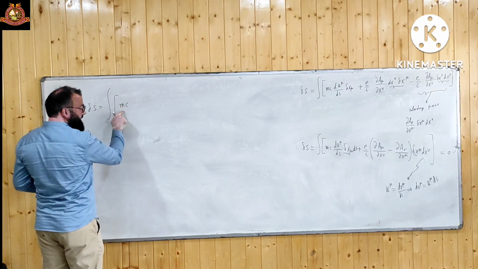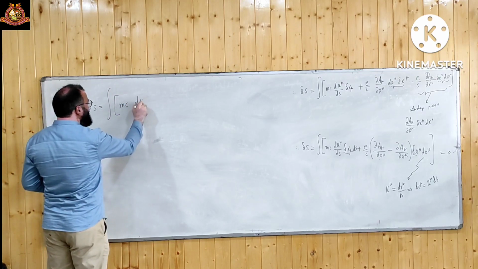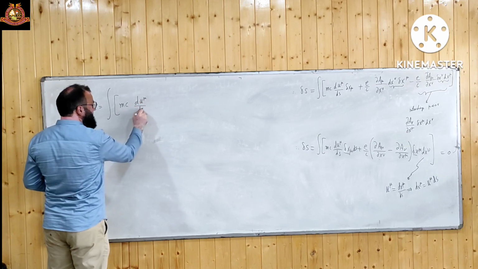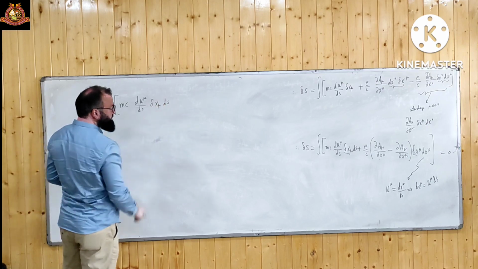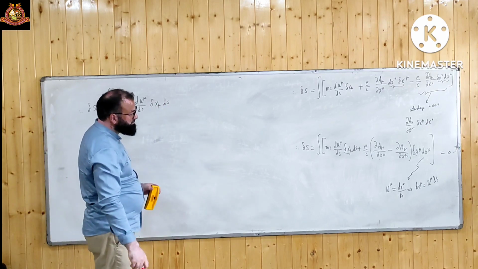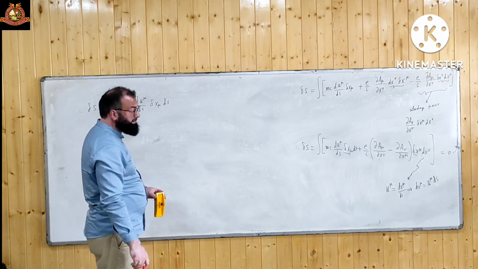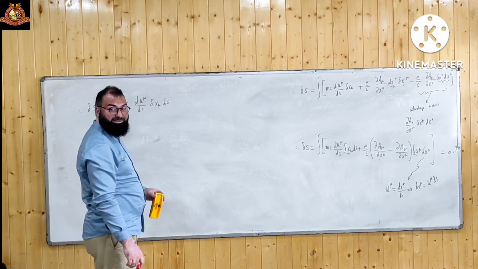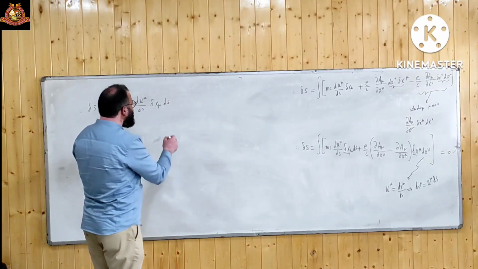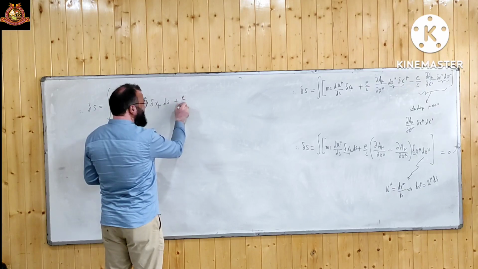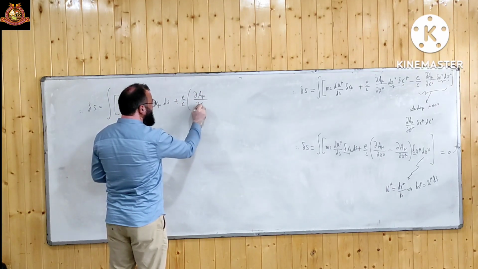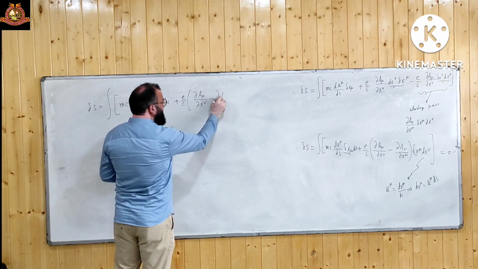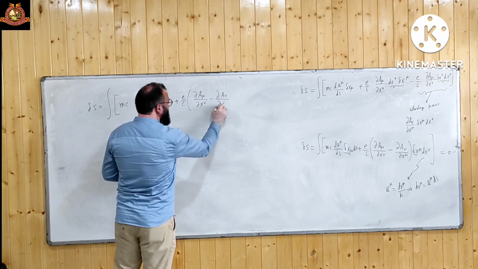Therefore I can write this: minus mc du mu by ds, delta x mu ds. Let me put it this way. Plus E by C, partial A mu by partial x mu minus partial A mu by partial x mu.